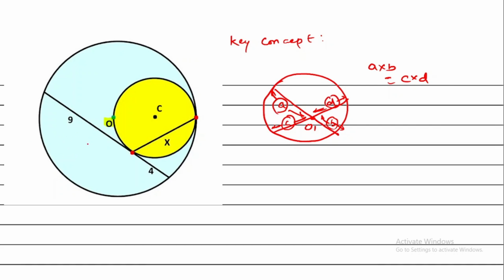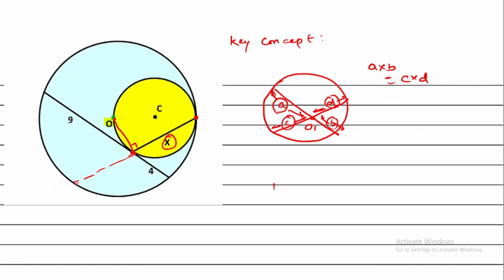First, we will do a construction here. As you know, O is the center of the larger circle. Suppose I extend this line, the chord of measurement x, to this side. Now from O, I draw a perpendicular on this particular chord.